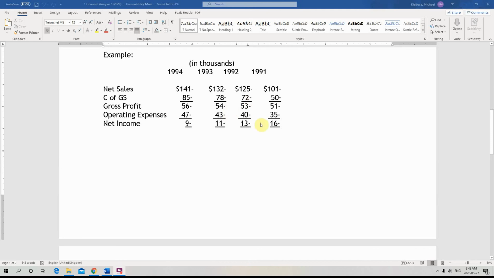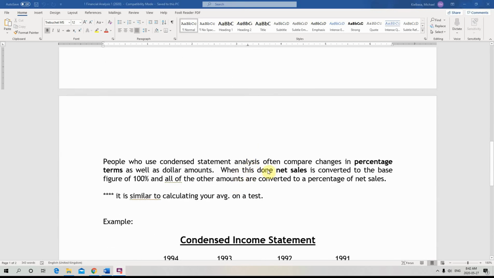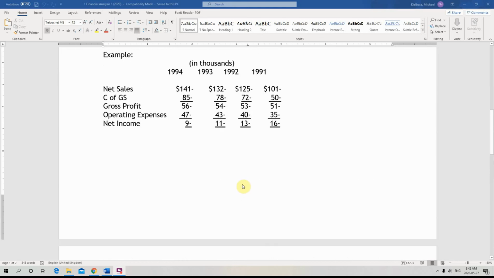Now, if we convert these figures to percentages, it may help clear up the picture for us. When this is done, net sales is converted to a base figure of 100%, and all other amounts are converted to a percentage of net sales. So it's similar to calculating your average. Net sales is going to be our base figure, 100% in each year.